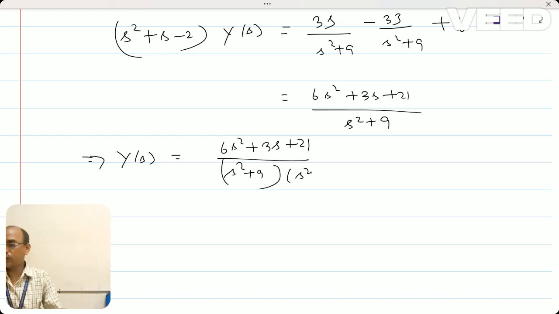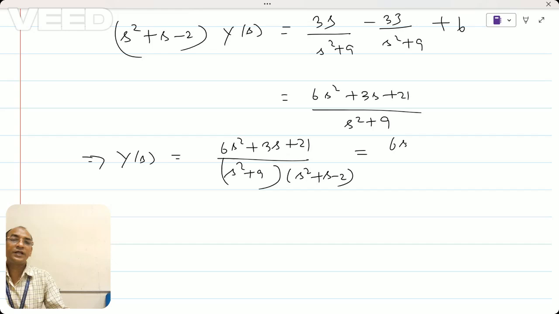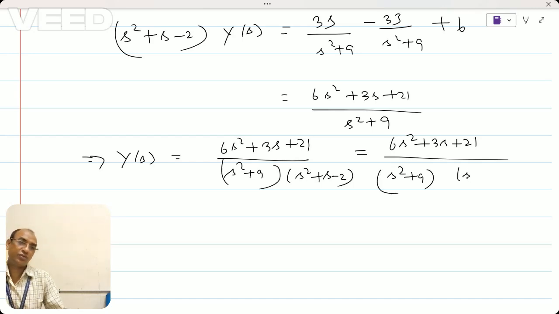divided by (s² + s - 2), which equals (6s² + 3s + 21)/(s² + 9) times (s + 2)(s - 1).